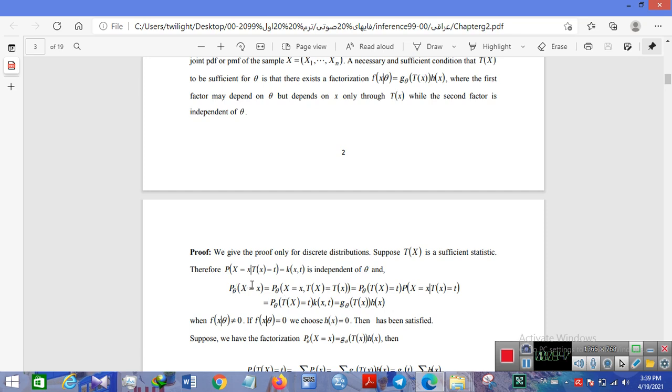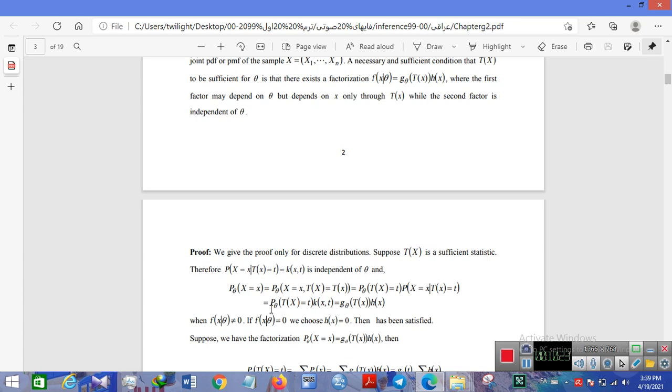So we have the probability of X equals x equals the probability of X equals x and T(X) equals T(x), and we can use the product rule of probability to write this form: the probability of T(X) equals t times the probability of X equals x given T(X) equals t.